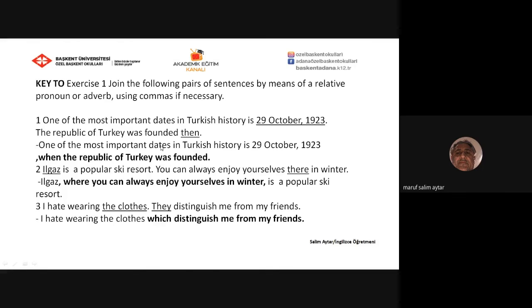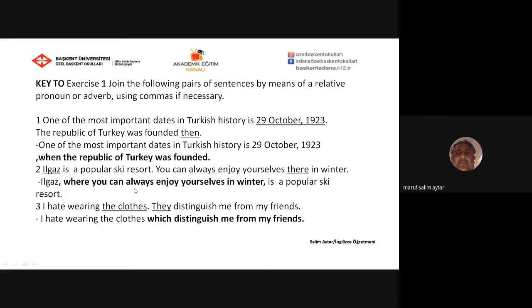One of the most important dates in Turkish history is 29 October 1923, when the Republic of Turkey was founded. It gives us extra information, therefore we have to put a comma here. Ilgaz, where you can always enjoy yourself in winter, is a popular ski resort.